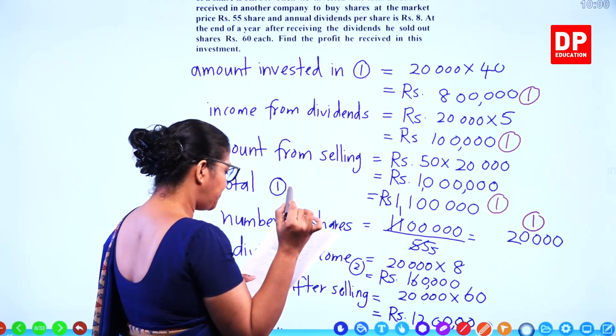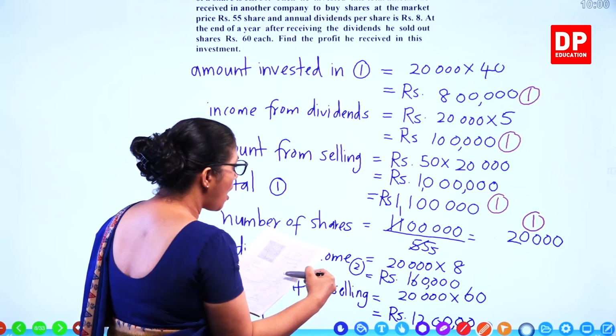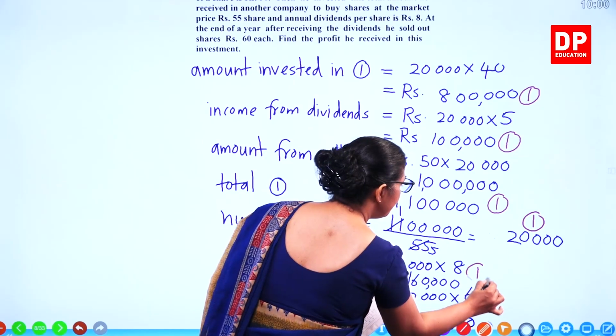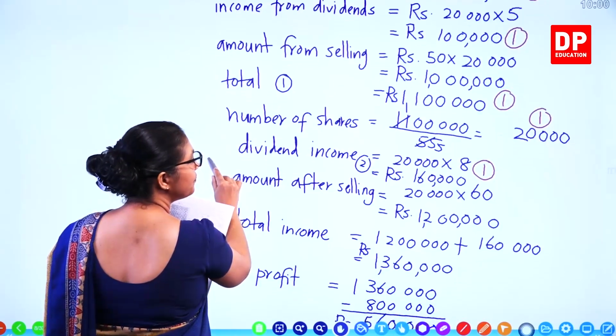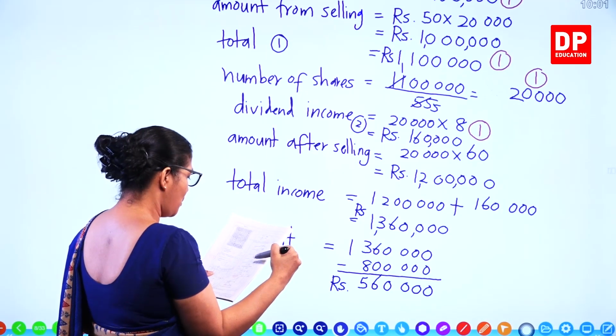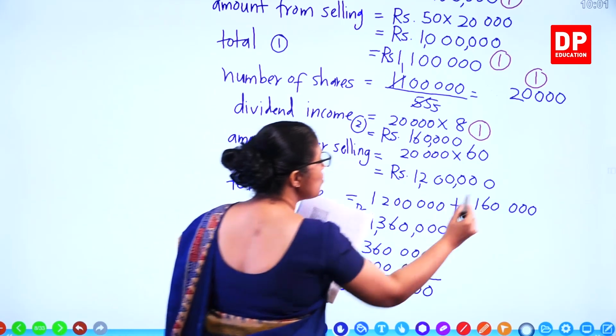And then you get 1 mark for finding the dividend income. And again, you get 1 mark for 1,200,000 rupees.